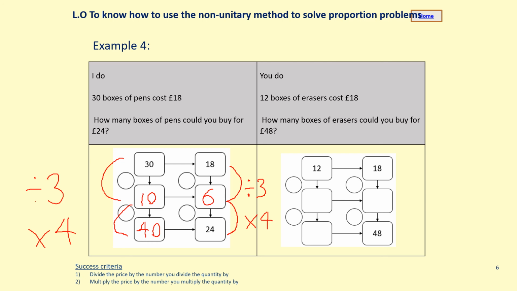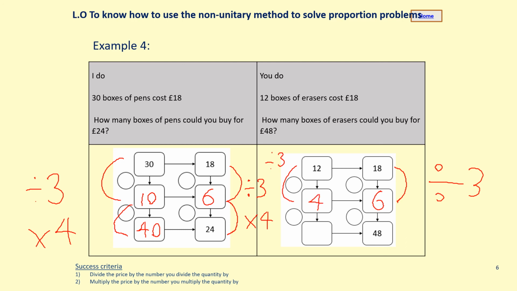And again, probably the easiest thing to pick is going to be 6. So how do we get from 18 to 6? Well, we divide by 3. So we should also divide the quantity by 3. So 12 divided by 3 gives me 4.